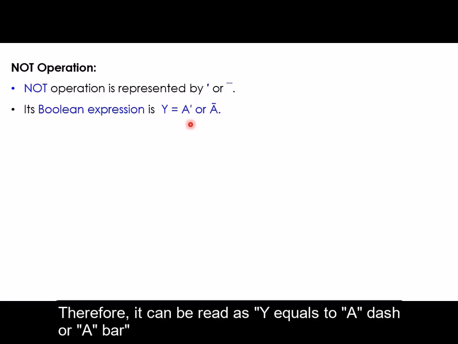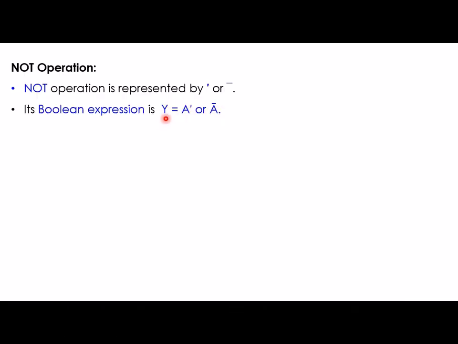It can be represented by any one of these, and the meaning of this is that Y is the output of NOT operation on A. It is read as Y equals NOT A.